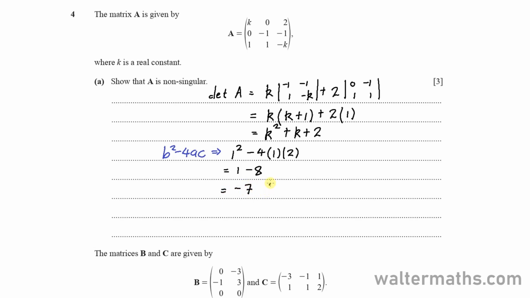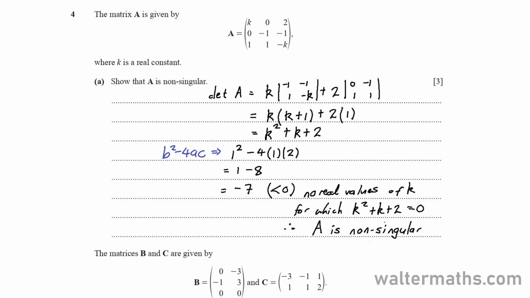Now minus 7 is less than 0, which means that there are no real values of k for which k squared plus k plus 2 is equal to 0. So therefore, we can say that A is non-singular.